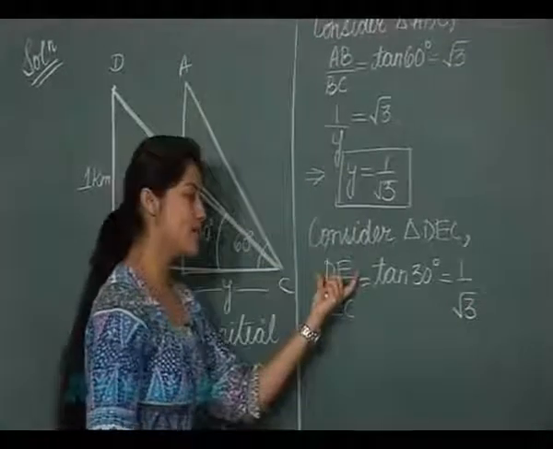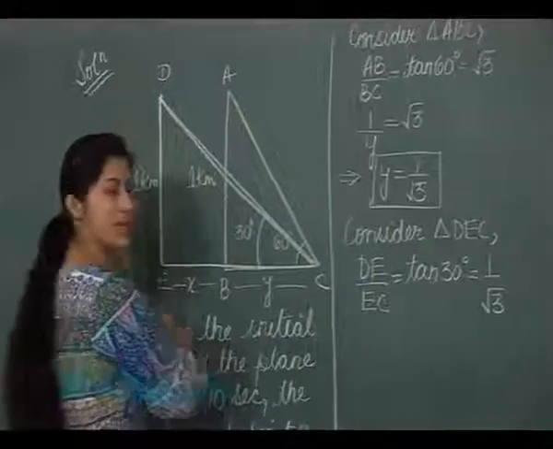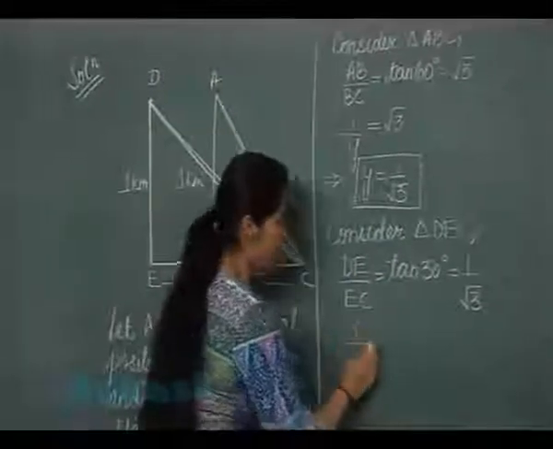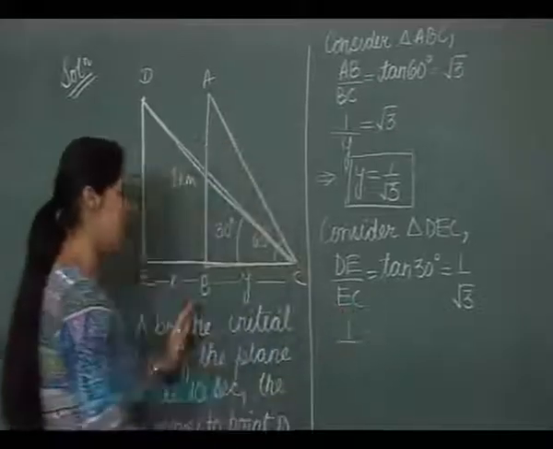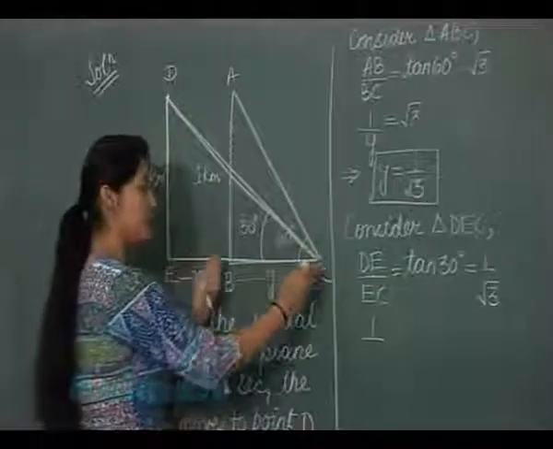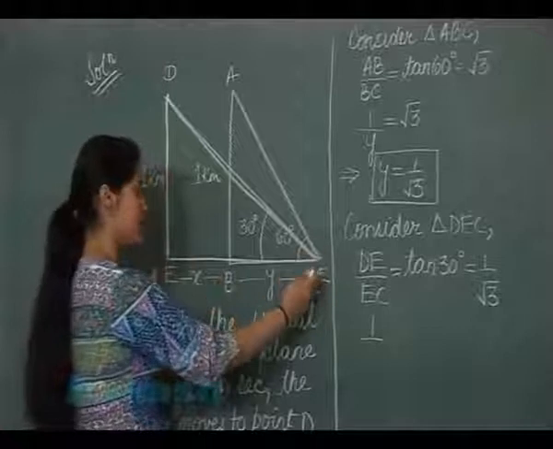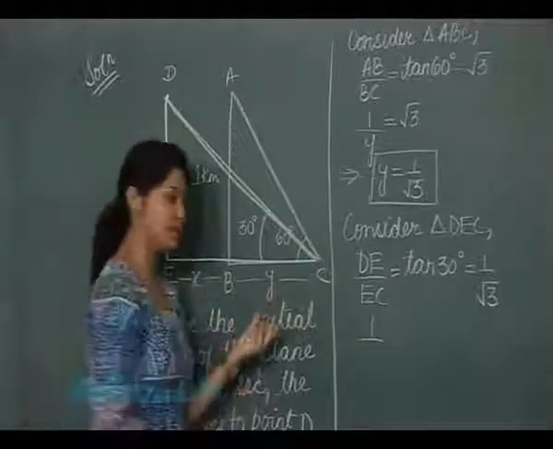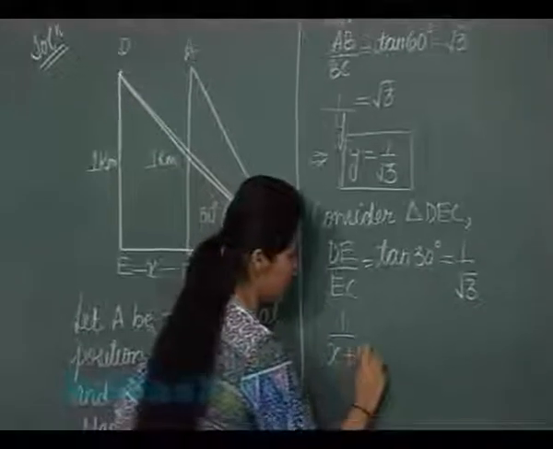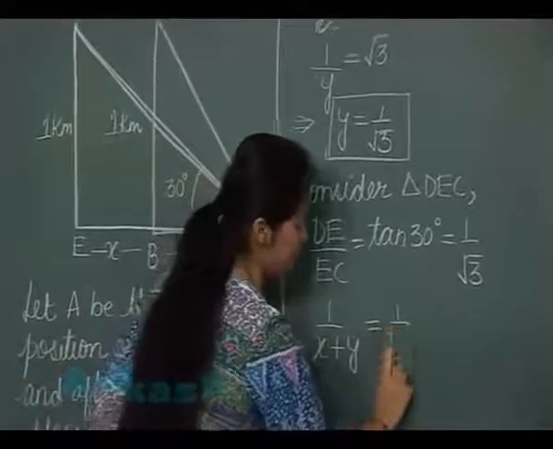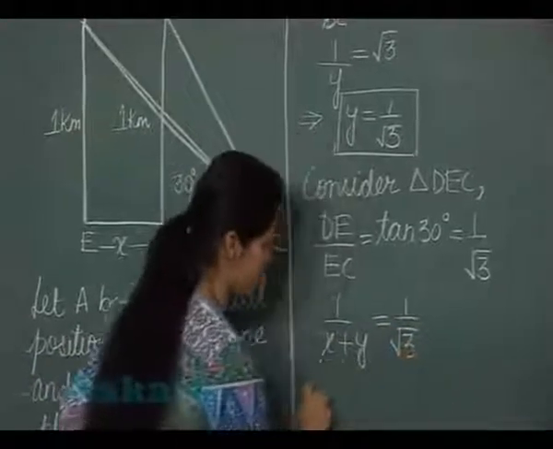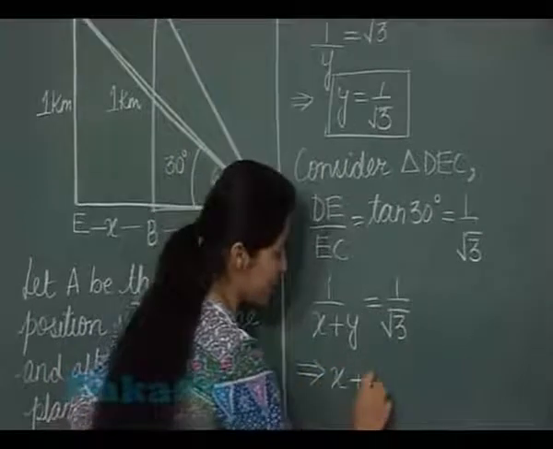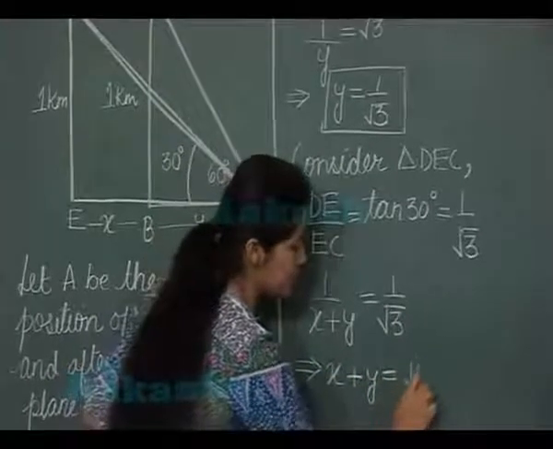Now student, what is DE? DE is 1 kilometer, so 1 upon EC. EC can be written as EB plus BC. So we can say that EC is x plus y. So 1 upon x plus y is equal to 1 upon root 3. So from this we can conclude that x plus y is equal to root 3.